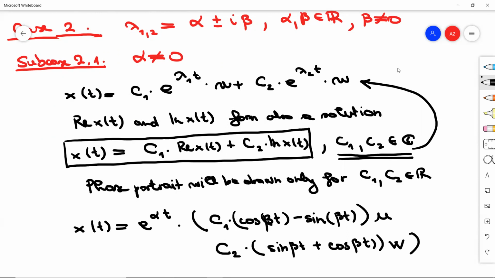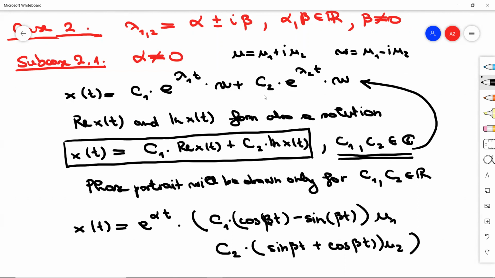These are real eigenvectors, so u is here. Let me write this as u1 and then u2, because it turns out that u is u1 plus i u2, and then w is just u1 minus i u2.